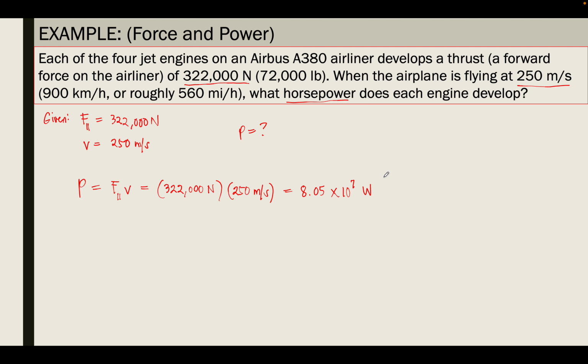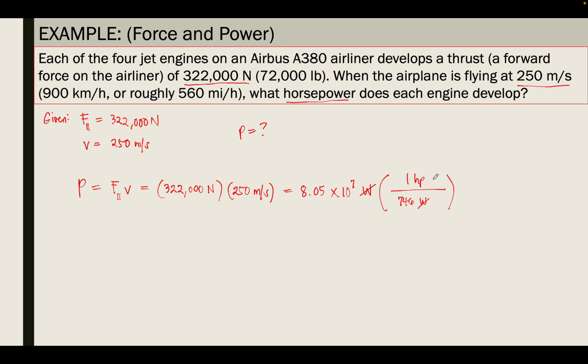On the previous slide we are given the conversion: 1 horsepower is equal to 746 watts. So the watts cancel out and we are left with horsepower.